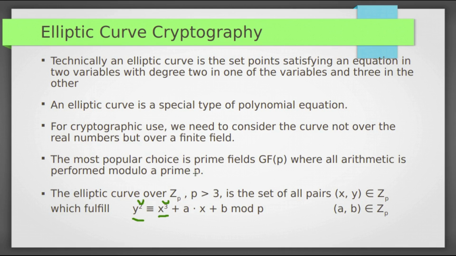It is a special type of polynomial defined over a finite field. The most popular choice is the prime field. The elliptic curve over Z_p, where p is greater than 3, is the set of all pairs (x, y) belonging to Z_p which fulfill this equation: y² = x³ + ax + b mod p, where a, b are in the field Z_p.